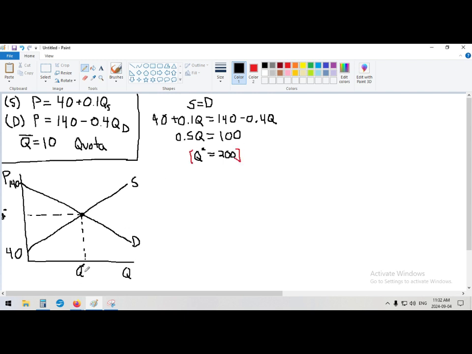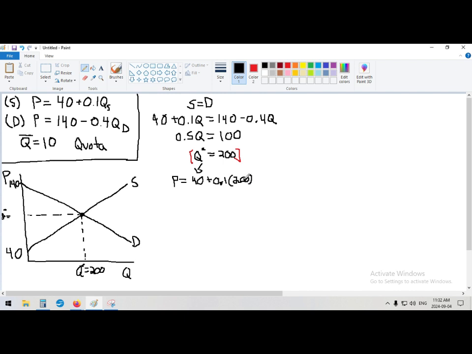So that's going to be this point here. Then we can go up, hit supply or demand, doesn't matter at this point, and we can go over here and get the price. So let's plug it into supply. Okay, say our price is going to be 40 plus 0.1 times the equilibrium quantity, 200 here.